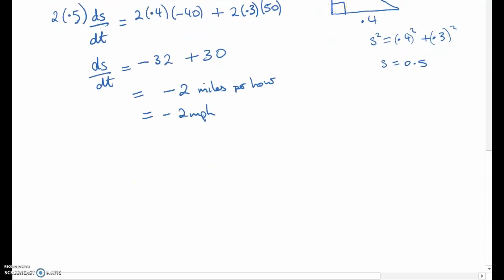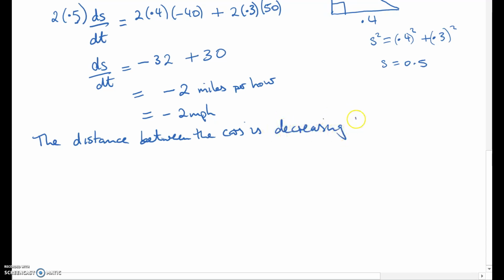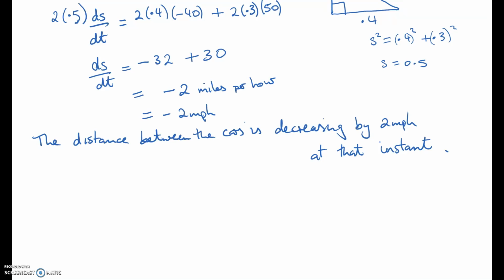In other words, the distance between the cars is decreasing by 2 miles per hour at that instant. Now remember, the derivative only applies at a particular moment in time. But there is that first question.